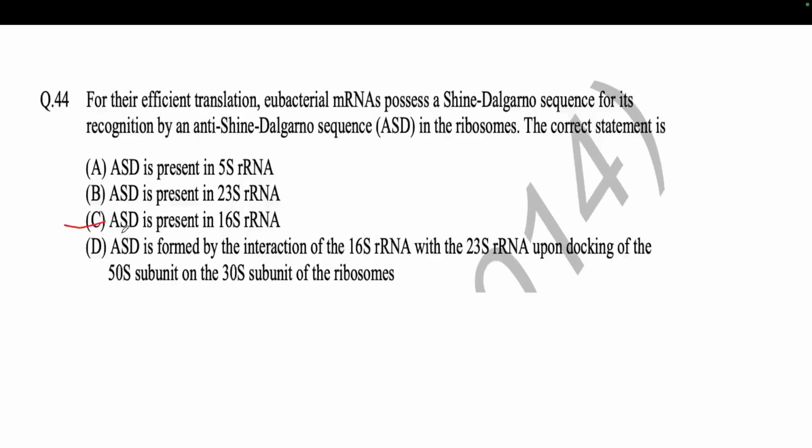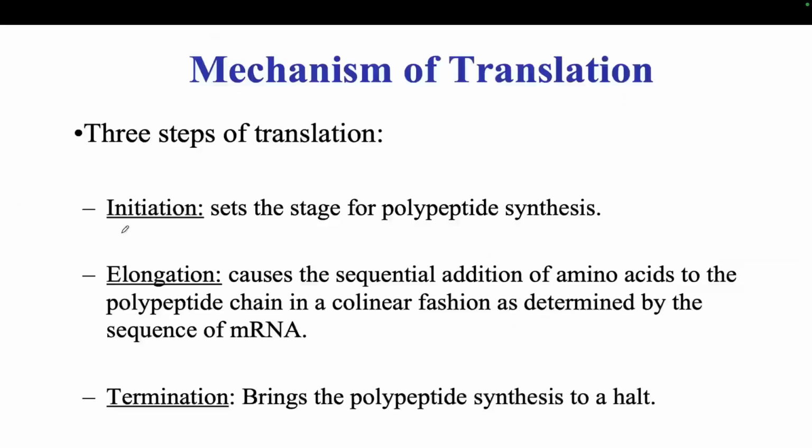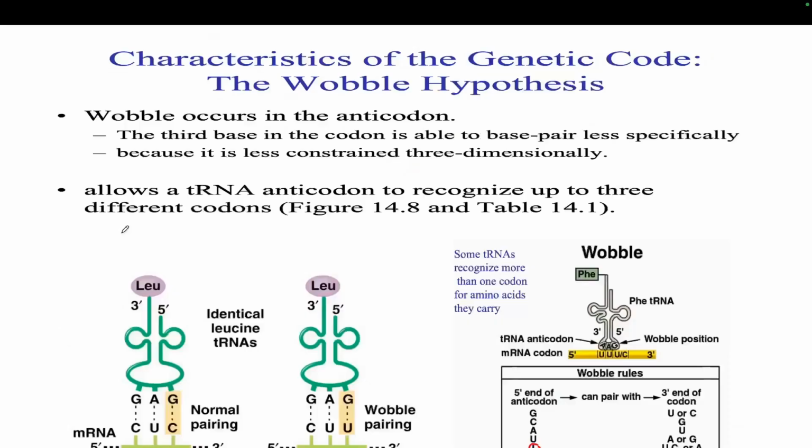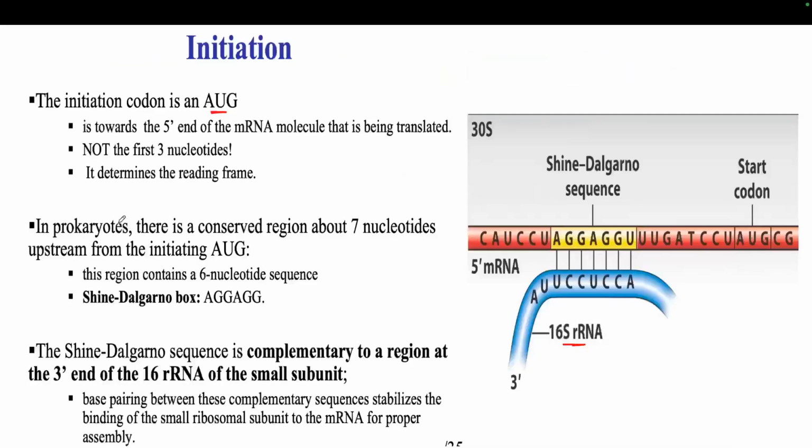As we have seen here, the 16S rRNA is present in the small subunit of the ribosome. This is called the anti-Shine-Dalgarno sequence because the Shine-Dalgarno sequence is present on the mRNA, so the anti-Shine-Dalgarno is present on the 16S rRNA, which is part of the small subunit of the ribosome.